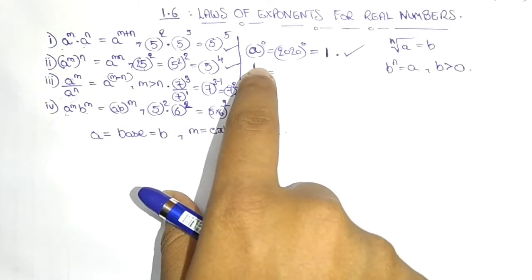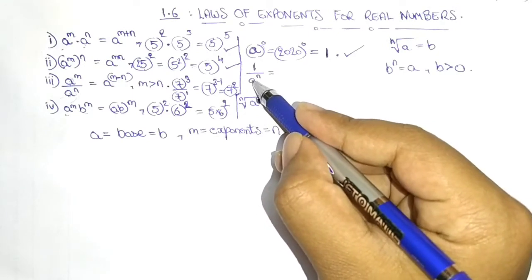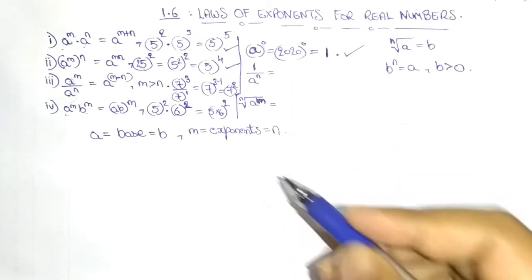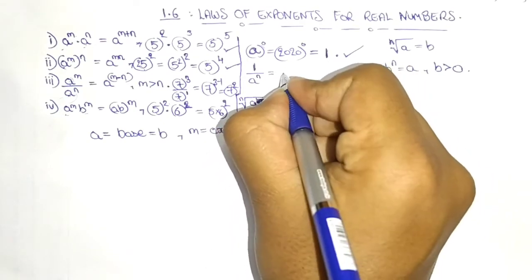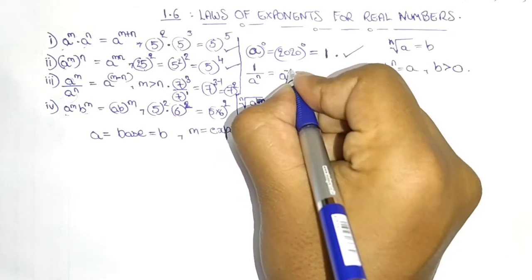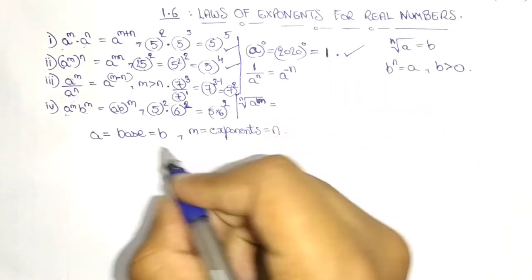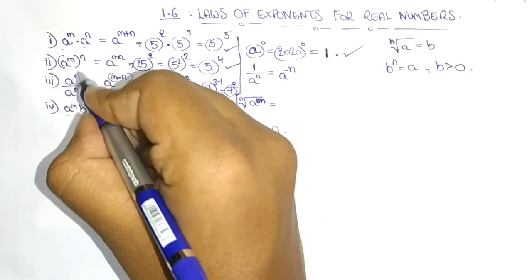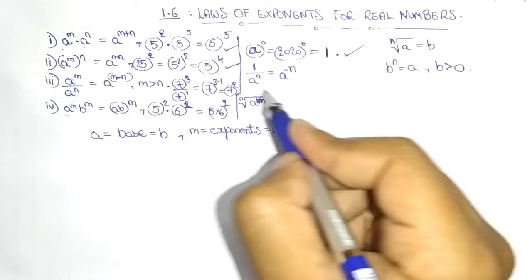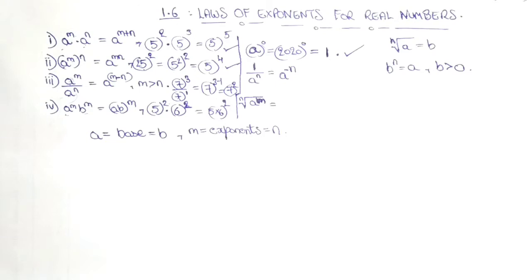If there is no number in the numerator except 1, and in the denominator the number a is raised to the exponent of n, then a comes to the numerator by changing the sign of the exponent, that is a raised to the power of negative n. That's this result. You get it, I hope.